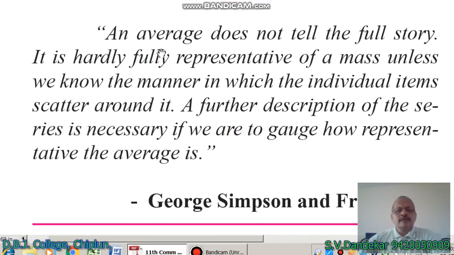An average does not tell the full story. It is hardly fully representative of a mass unless we know the manner in which individual items scatter around it. A further description of the series is necessary if we are to gauge how representative the average is.